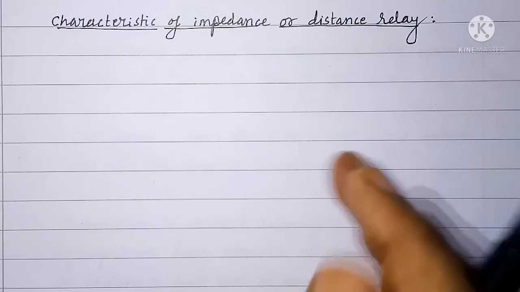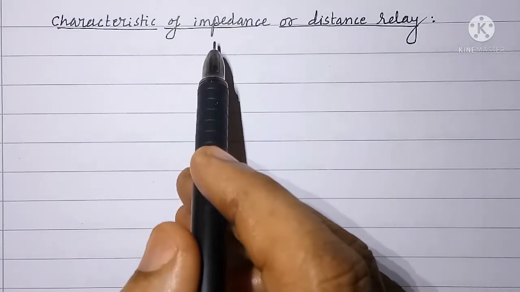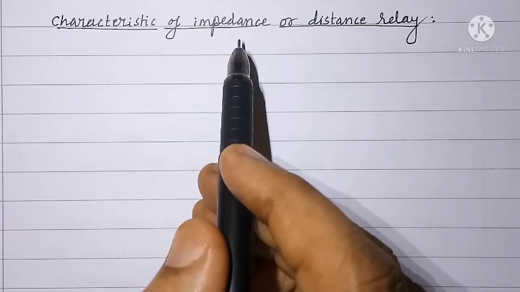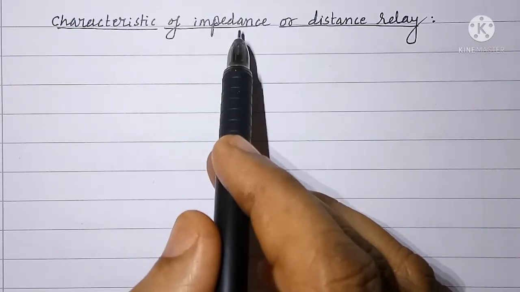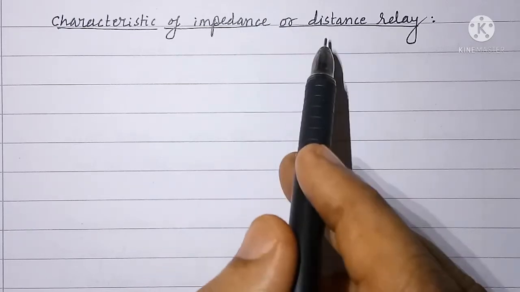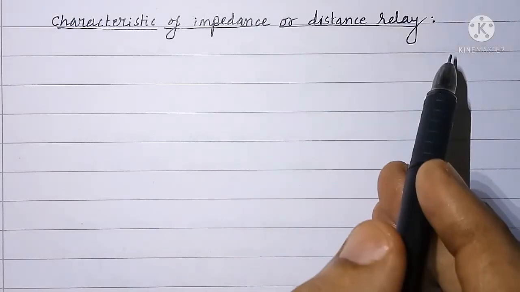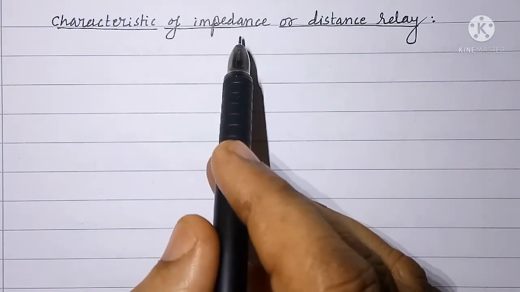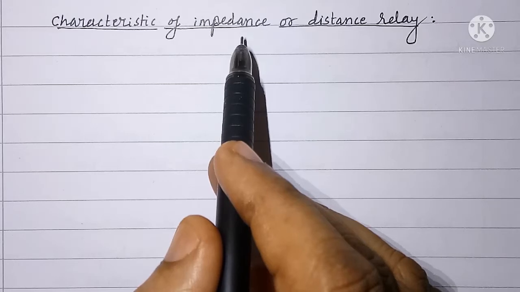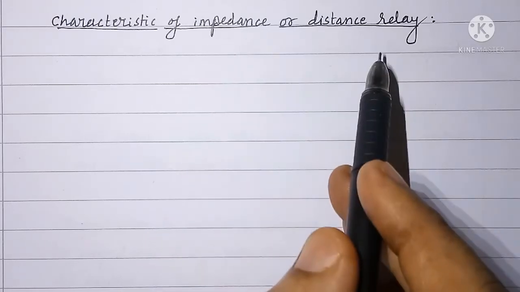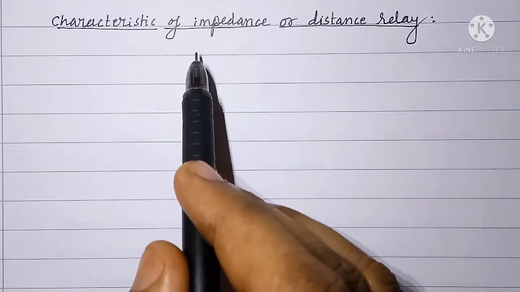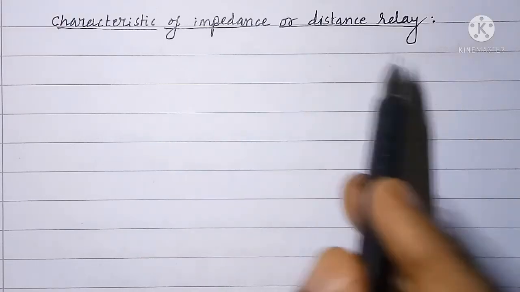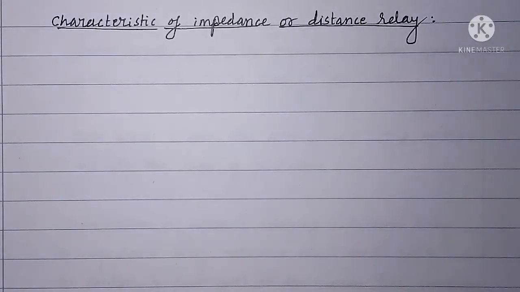It is so because impedance of the line depends on the line length. We are measuring impedance. It means that we are measuring distance along the transmission line. We measure fault impedance. It means that we are measuring impedance between the relay and fault point, or the distance between relay and fault point. That is why it is called distance relay.